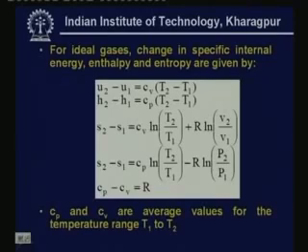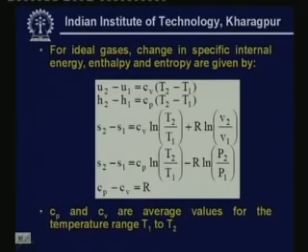The next equation is H2 minus H1, that is nothing but the specific enthalpy change, equal to Cp into T2 minus T1, where Cp is the specific heat at constant pressure, and it's assumed that it is either constant or we are taking an average value for the interval T1 to T2. Next, using the first TdS equation, we can find out the entropy change of an ideal gas, which is given by S2 minus S1 is equal to Cv ln T2 by T1 plus R ln V2 by V1.